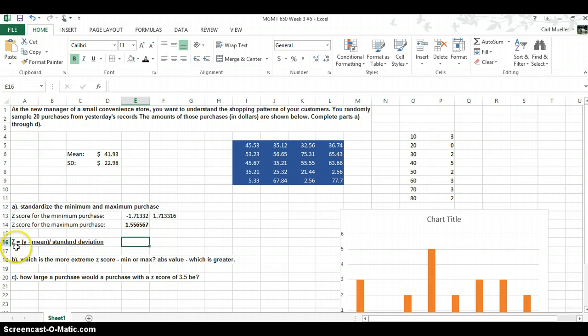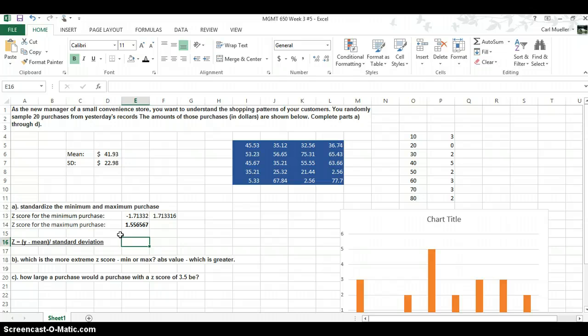Now you have standard deviation times z equals y minus the mean. To cancel that out, you do the opposite and add the mean on both sides of the equal sign. So you have the standard deviation times z plus the mean equals your y.